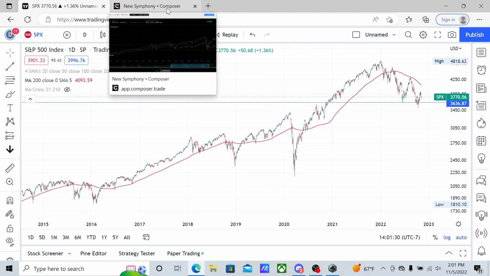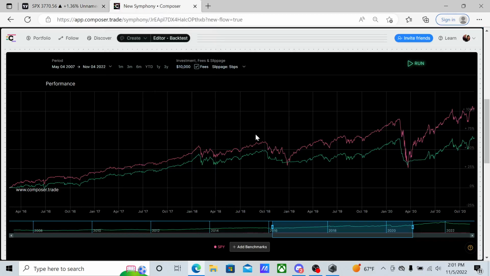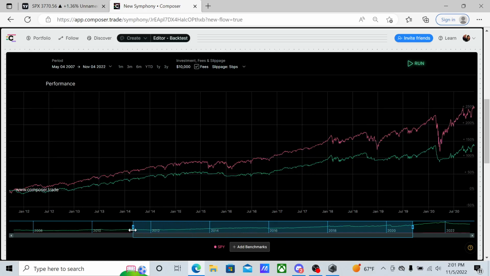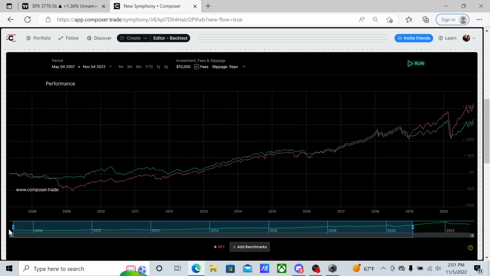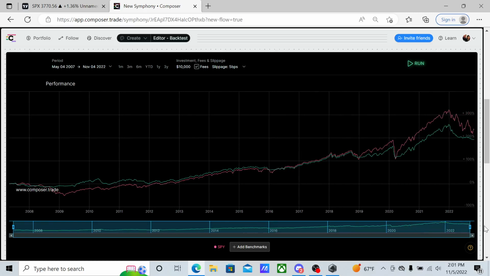So now going back into Composer, let's bring this all the way back out. By doing that over a long period of time, you're going to avoid those crashes, but also you're going to stay above buy and hold for a prolonged period of time, because buy and hold is going to take a long time to make it out from being underwater.